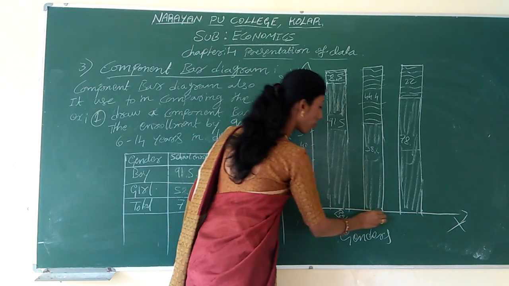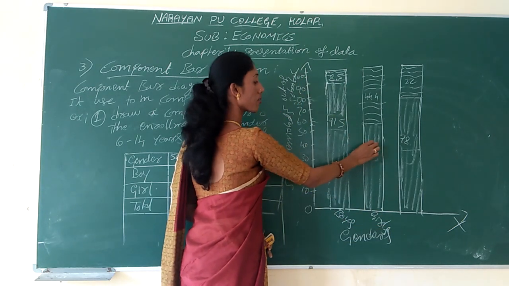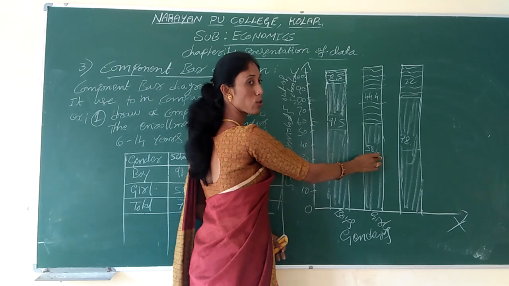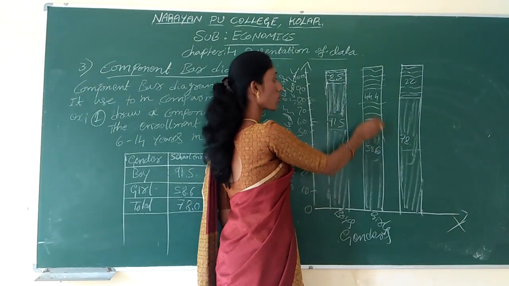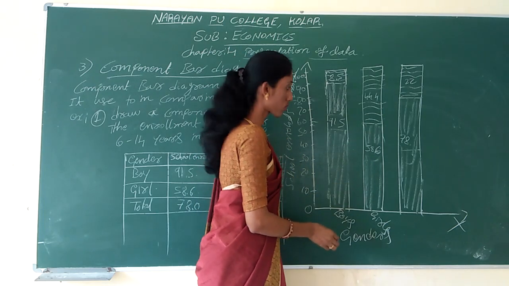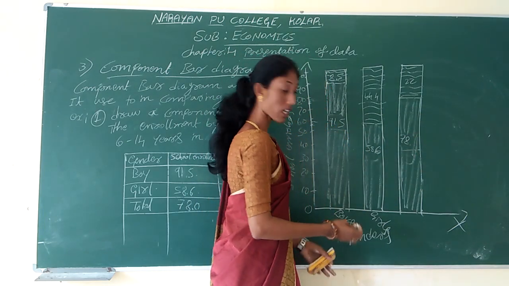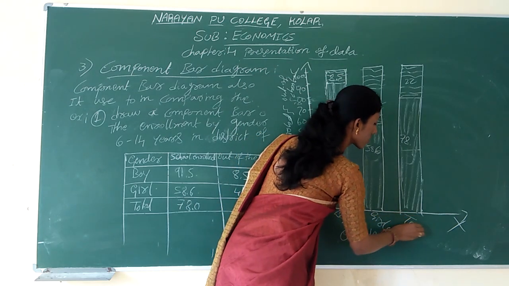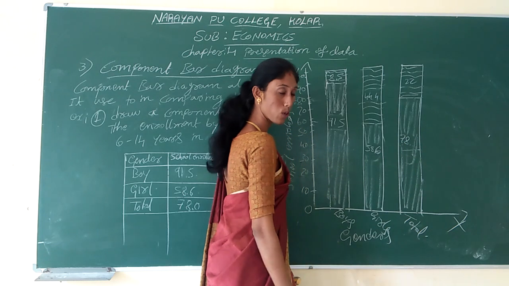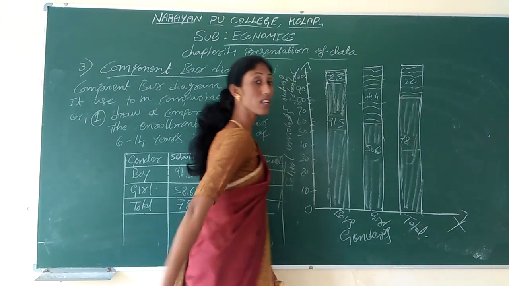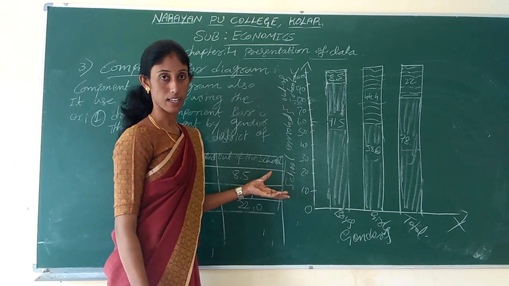In the girls' population, 58.6% is enrolled in school and 41.4% is out of school. And in the total population of children, 78 is enrolled in school, 22 is out of school. This is the component bar diagram.